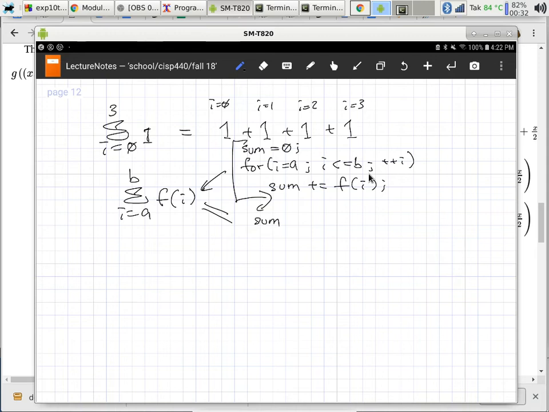But how does this handle the case when we are summing over 1? I can define f of i as 1, can't I? So that's why f of i covers the case when it is a constant term that you're summing over, or a term that does not depend on i itself.